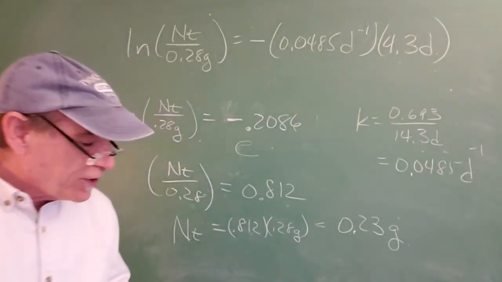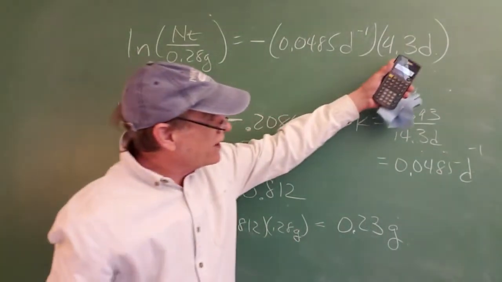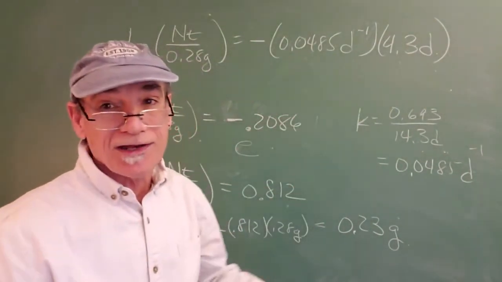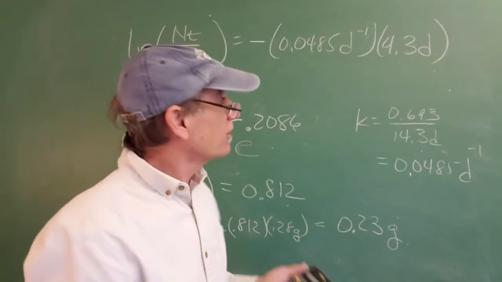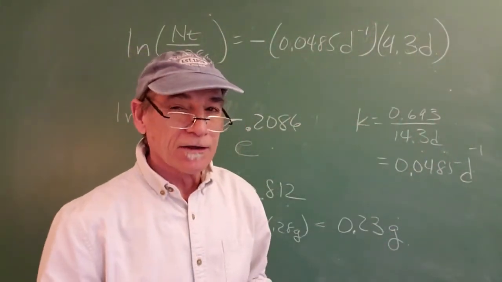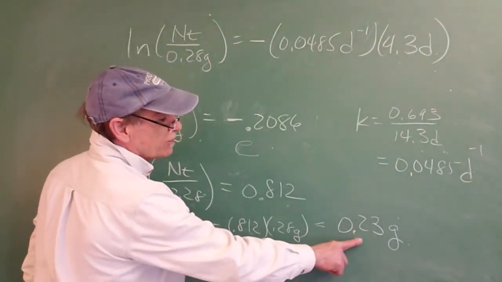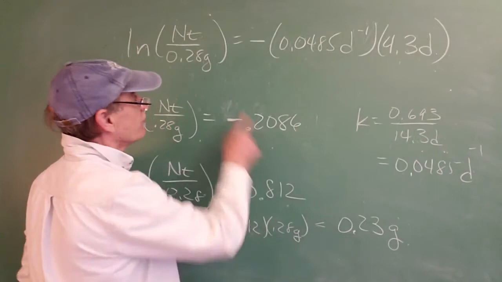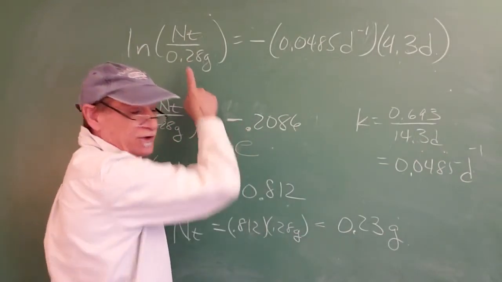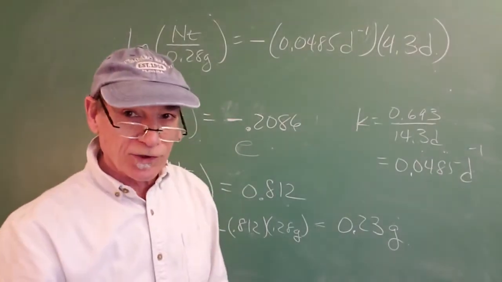So 0.23 grams would actually remain after the 4.3 days has passed. Now remember, not even an entire half-life has passed. Only 4.3 days, the half-life was 14.3. So we didn't let a whole lot of time pass, but you saw that, sure enough, there was a decrease in the amount of phosphorus 32 from the original 0.28 grams. It decayed down to 0.23 grams in that 4.3 days.